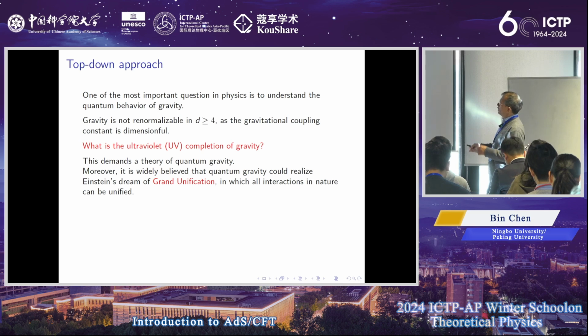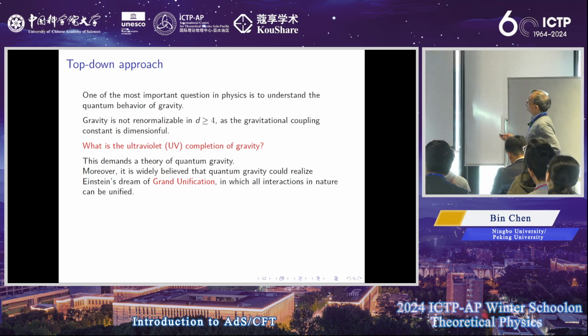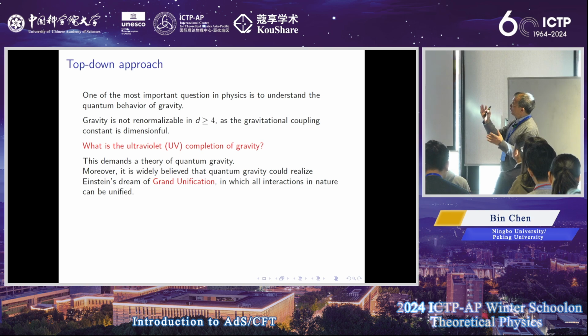So if you count by some simple power counting, you will find that gravity is not renormalizable in 4 dimensions and higher dimensions. And this leads to a very important question: what is the ultraviolet completion of gravity? That means if you consider gravity at a very, very high energy level, then Einstein gravity does not make sense.